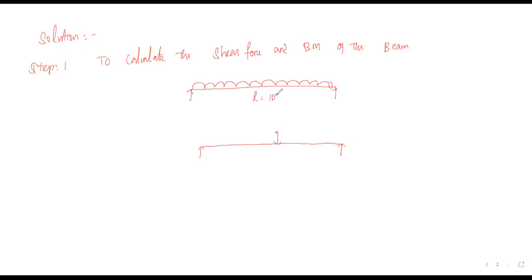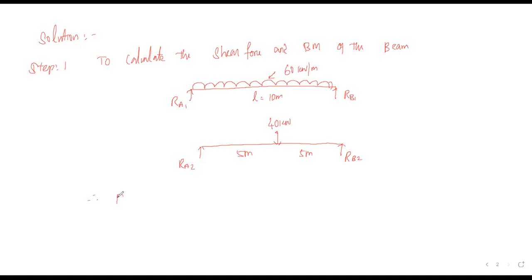L equal to 10 meters and W is equal to 60 kilonewton per meter. The reactions are RA1, RA2, RB1 and RB2. This is the 40 kilonewton acting at a distance of 5 meter and 5 meter from each support. Now I have to calculate the values of RA1, RA2.